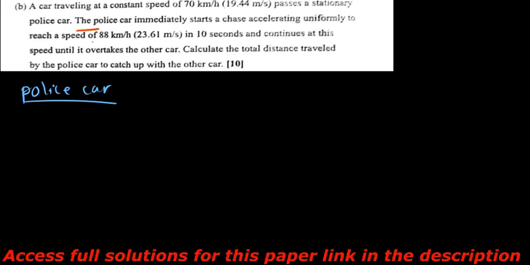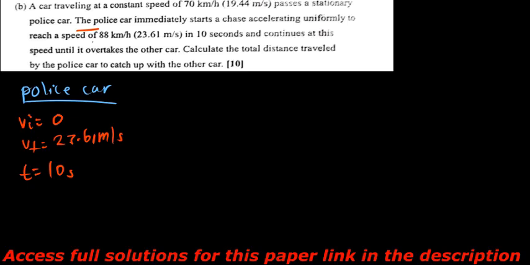So the police car was stationary, meaning the initial speed of the police car is 0, but the final speed it was moving with is now 23.61 meters per second. For it to move at this speed, 23.61 meters per second, it took about 10 seconds.